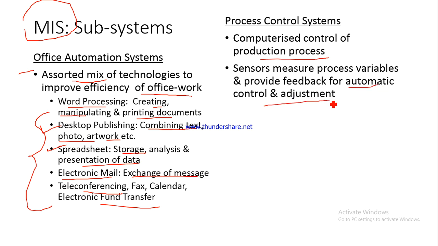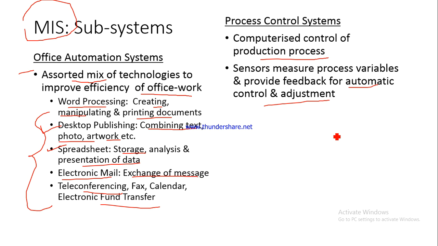For example, the sensor would keep sensing the temperature, let's say every 5 minutes. Suppose the temperature has fallen to 98 degrees centigrade. They would send a signal to the computer, and the computer would start the control mechanism, increasing the temperature.